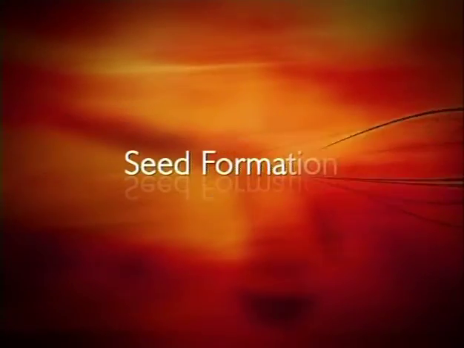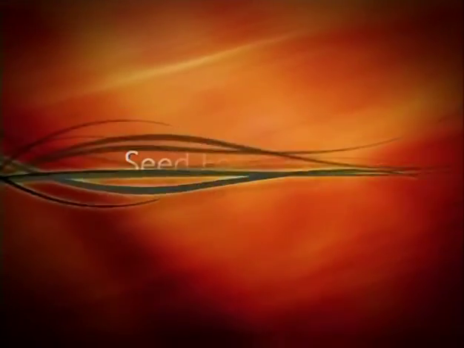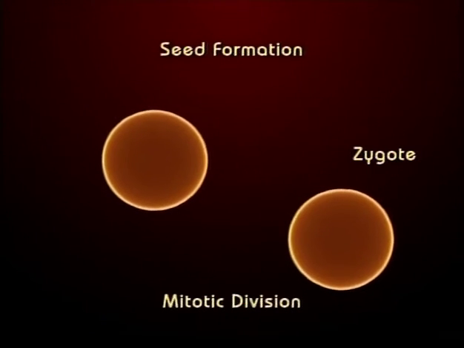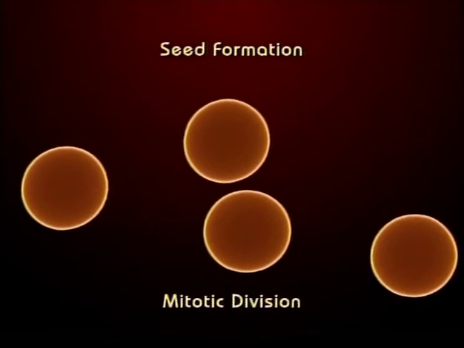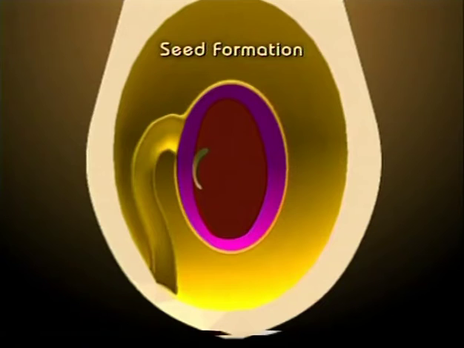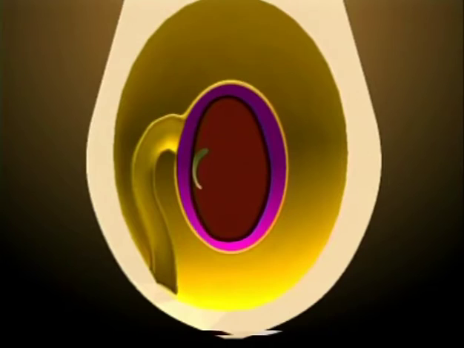Now, fertilization having taken place, there are a series of changes which take place after that event. The zygote keeps on dividing mitotically and converts itself into an embryo. The ovule develops a hard seed coat, and the ovule itself converts into a seed.